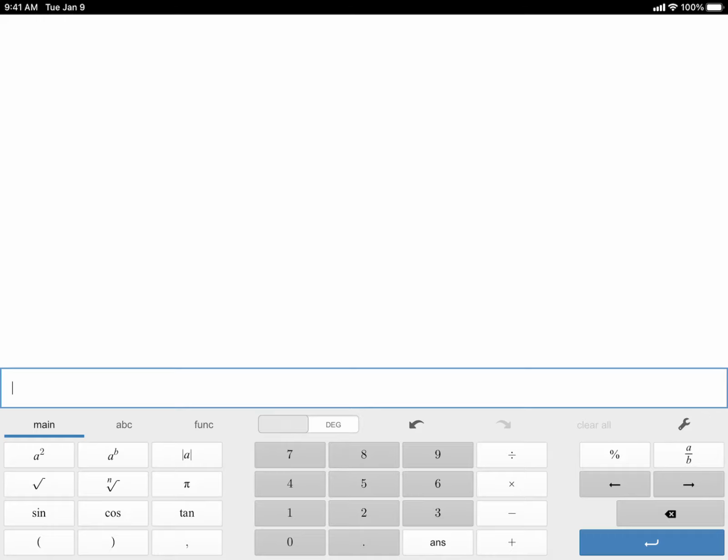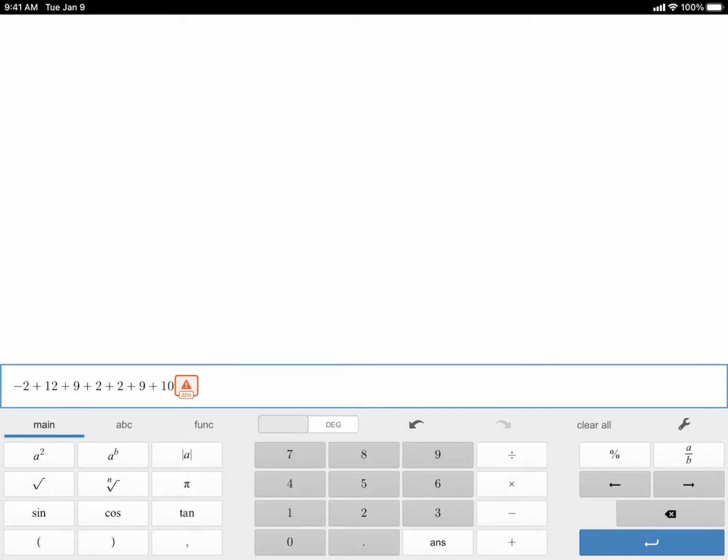So we have -2 plus 12 plus 9 plus 2 plus 2 plus 9 plus 10. And we can see that's 42.